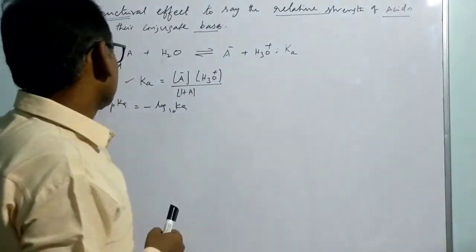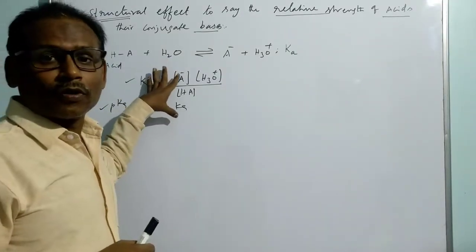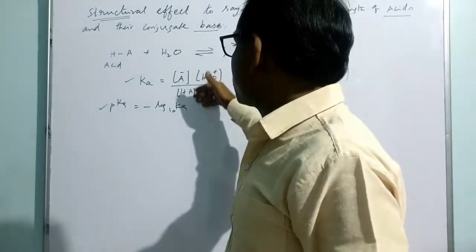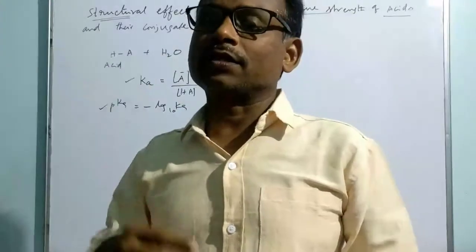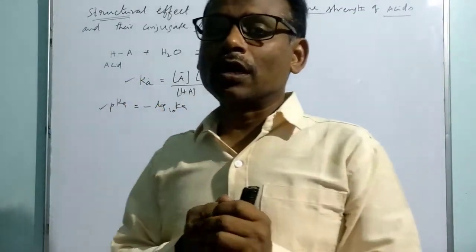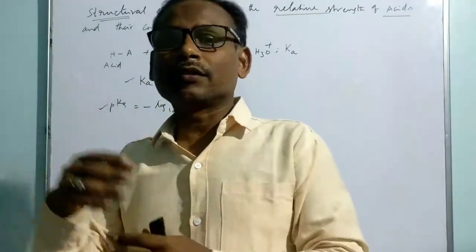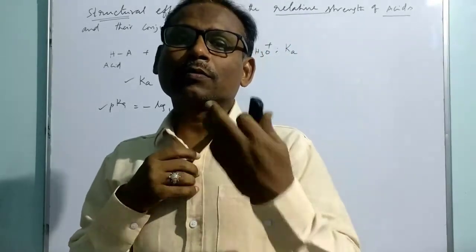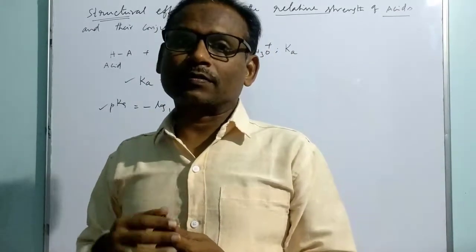Now, this is a part of conjugate acid-base theory, and the concept of this we have already discussed under that part. But now our aim is to focus on how the structure of the molecule influences the acidic strength of the given molecule and also the basic strength of its respective conjugate base.